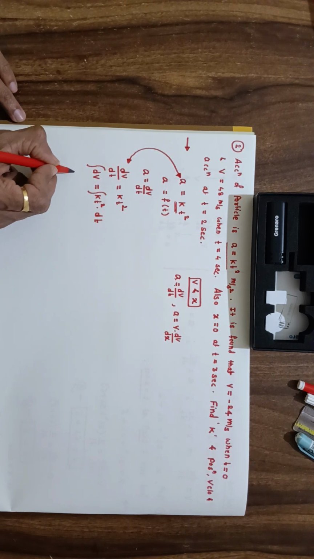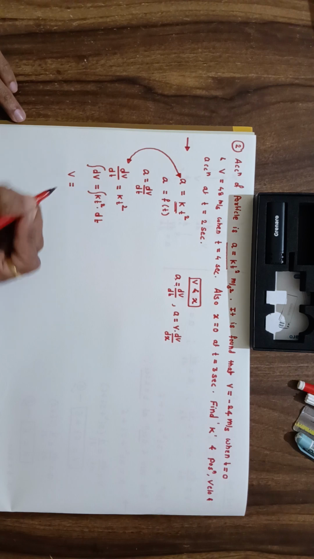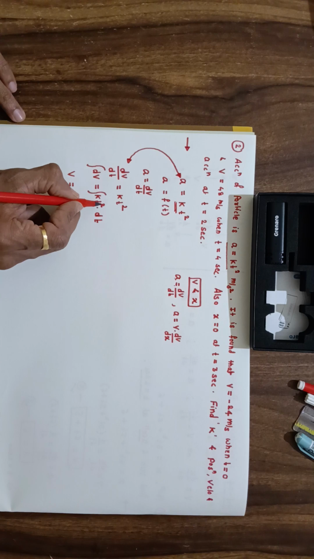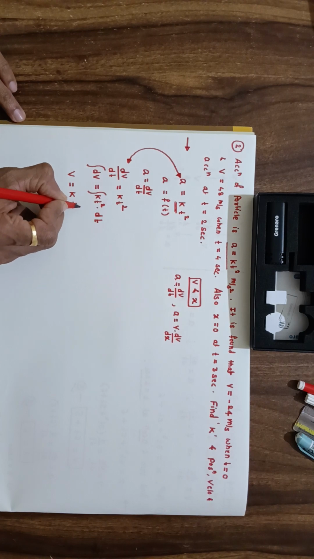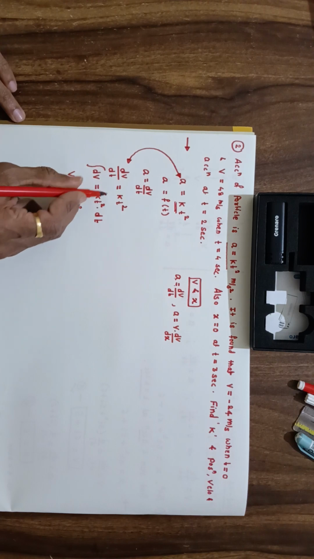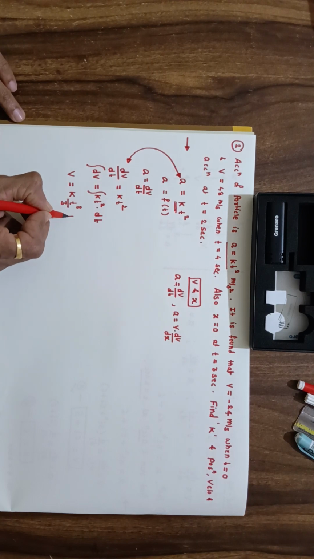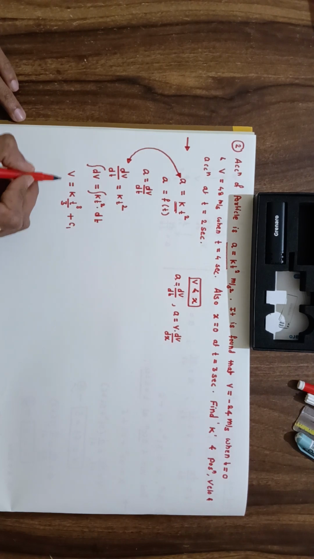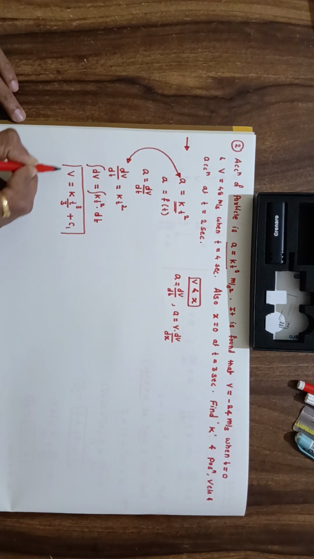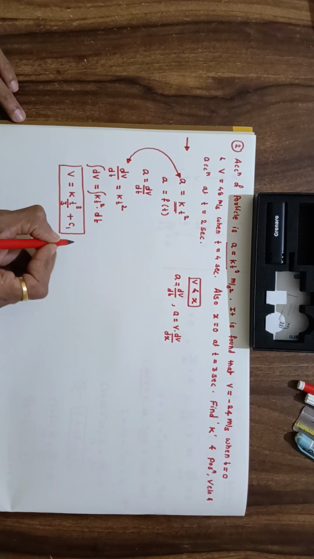So integration of dv, this is v, this is equal to k is a constant. Integration of t square will be t cube upon 3. Okay, and we are integrating without any limit, so add the constant as c1. Okay, now this is your basic equation for velocity. You can name this equation as equation 1.